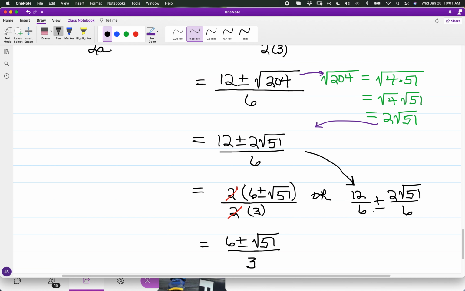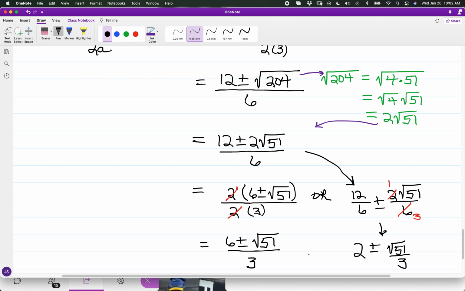Now for 2 times the square root of 51 over 6, the 2/6 part reduces to 1/3, and so this will go to the square root of 51 all over 3.